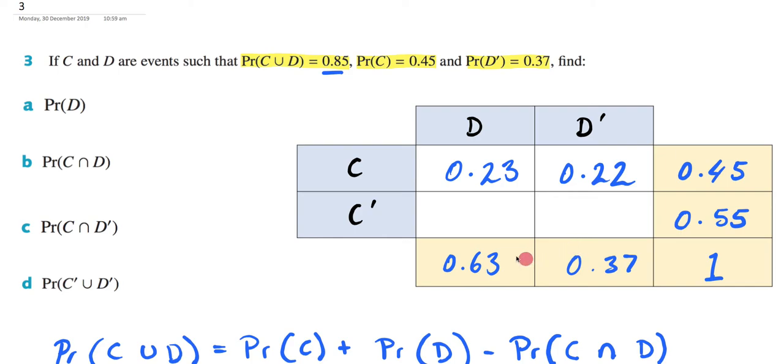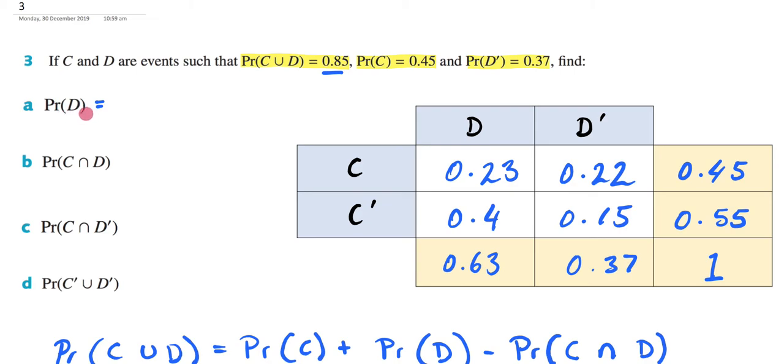Then I could say, well, I know that the probability of the complement of C intersection D is going to be 0.4 plus 0.23 will be 0.63, so that's 0.4. And then finally here, I know that 0.22 plus 0.15 will be 0.37. So now I filled out my table, so I could come over here and start actually answering questions.